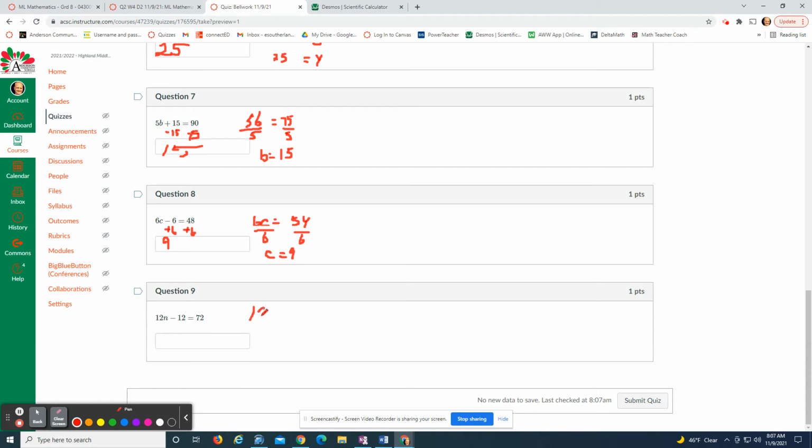You're going to get 12n is equal to 84. Divide both sides by 12, and you get n is equal to 7. You should be able to click submit and get a perfect score.